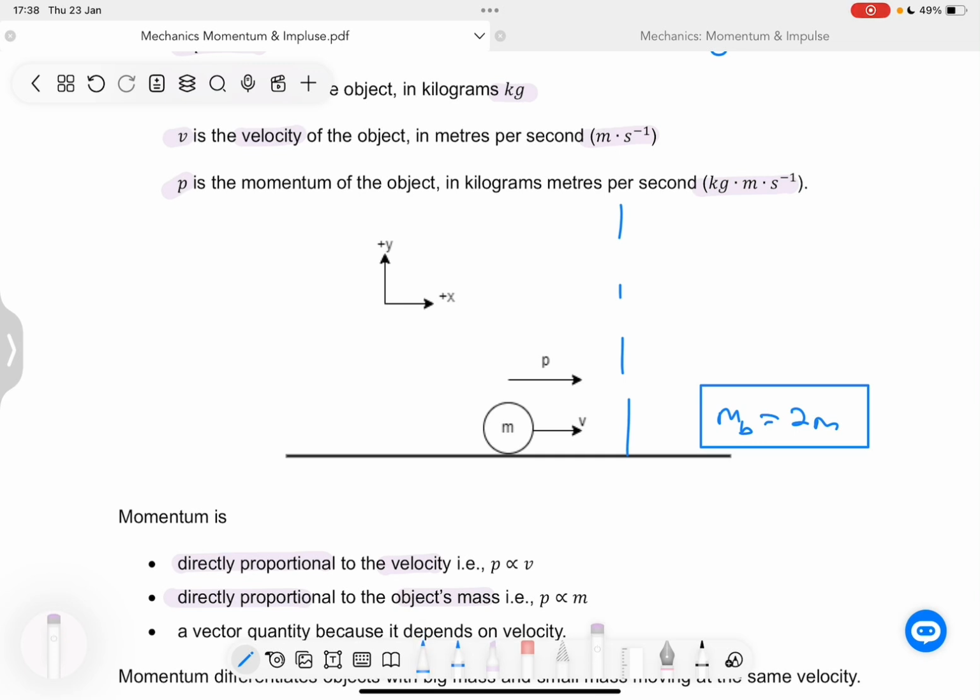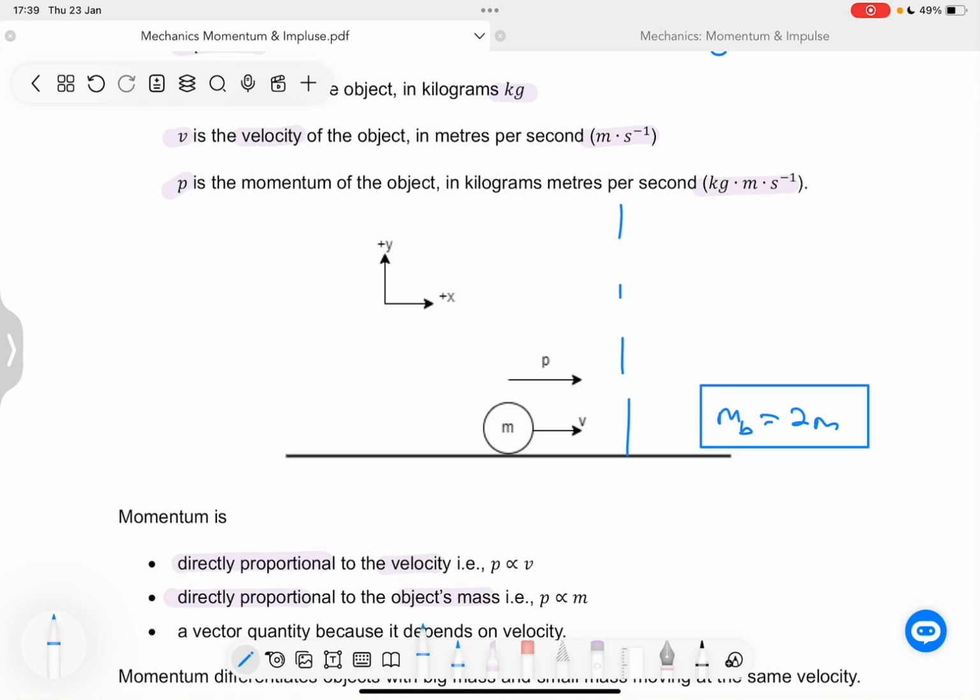So what am I saying here? I'm saying the mass of this box is twice the mass of the ball. It's twice as big. So these two masses are in proportion, right? Here we have 2m. So if you take 2 of these balls, they'll give you exactly the mass of this box.